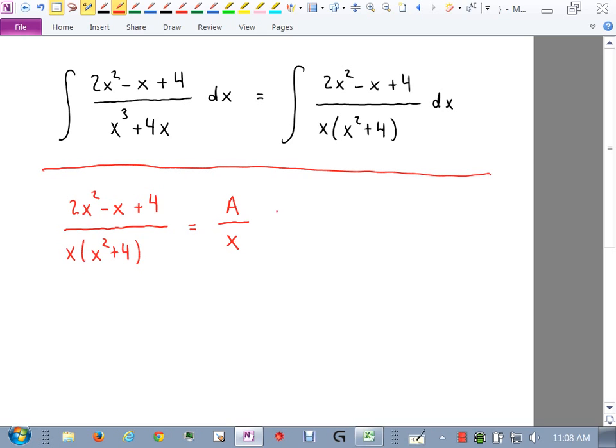And then for the quadratic factor, I need to put a linear expression on top. So I can't use A, I need to move to the next letter, so Bx plus C. If we use C now, just remember at the very end, C is going to be different, our plus our constant. All right, and then all over this.